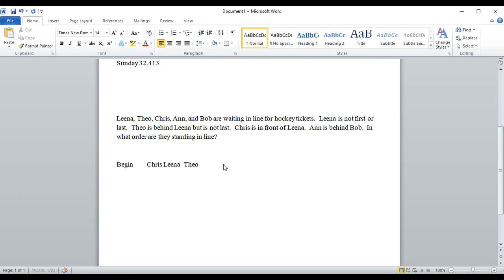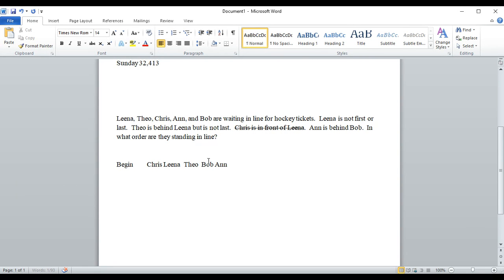I'm going to say that here's Bob and here's Ann. We know Theo is behind Lena. We know Chris is in front of Lena. We know Lena is not first or last. And here in this order, she's not. And we know that Theo is behind Lena, but he's not last.